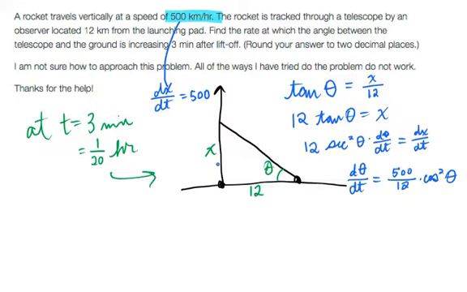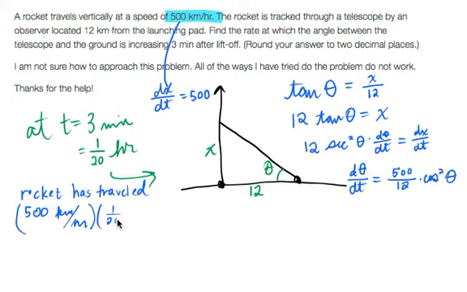Well, we can figure out how far the rocket has gone in 3 minutes because we know it's traveling at 500 kilometers per hour. So in 3 minutes, or 1/20th of an hour, the rocket has traveled 500 kilometers per hour for a total of 1/20th of an hour.